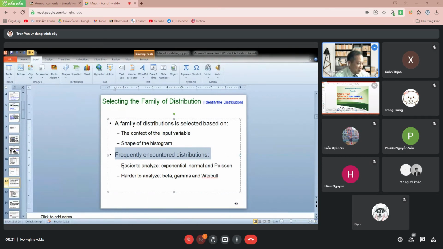For example, easy because the sets look different. Or exponential, normal, and Poisson. Especially 2, 3 more is equal.